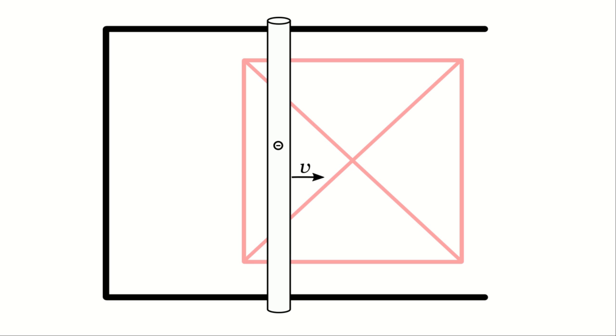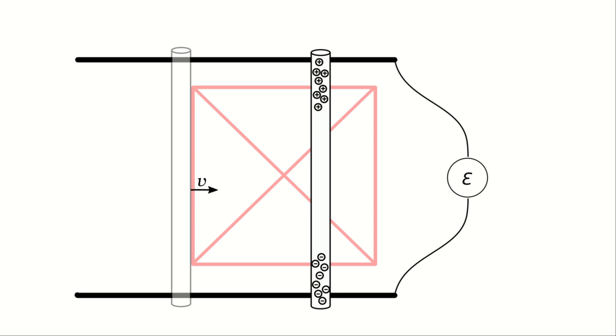Obviously they can't necessarily go in a circular path, but they can flow from one end of the wire to another, and we end up with a build-up of charges at one end and a lack of charge at the other end, which creates an induced EMF or a voltage.